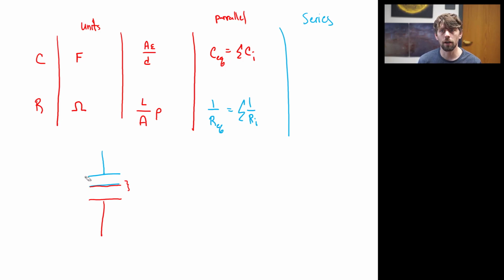And what you can think of then is that rather than having two plates of certain distance, you can conceptualize it as a single plate with a much larger distance. And we know that as the distance increases, the capacitance should go down. That helps guide us that the equivalent capacitance should be equal to the sum of the inverse of the capacitors. Well, how about for resistors?